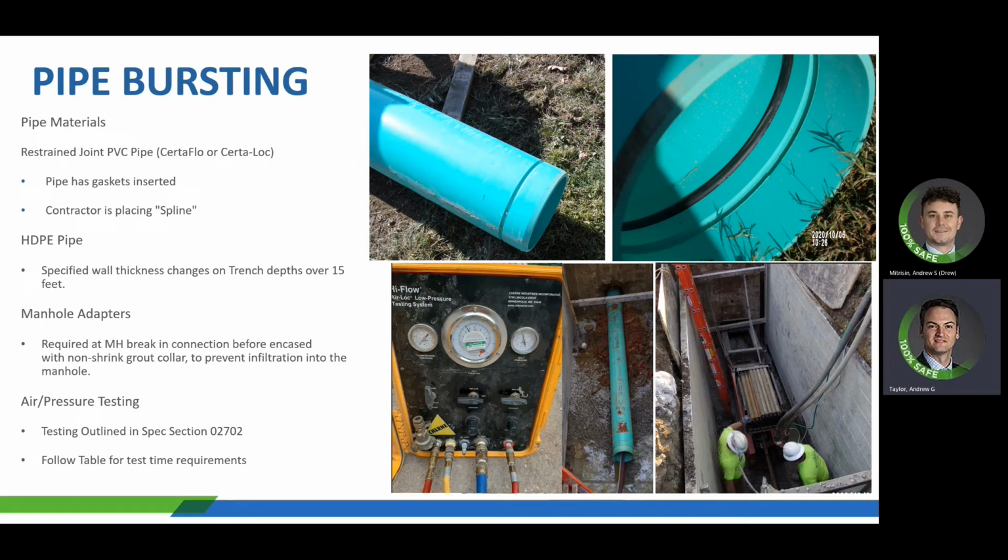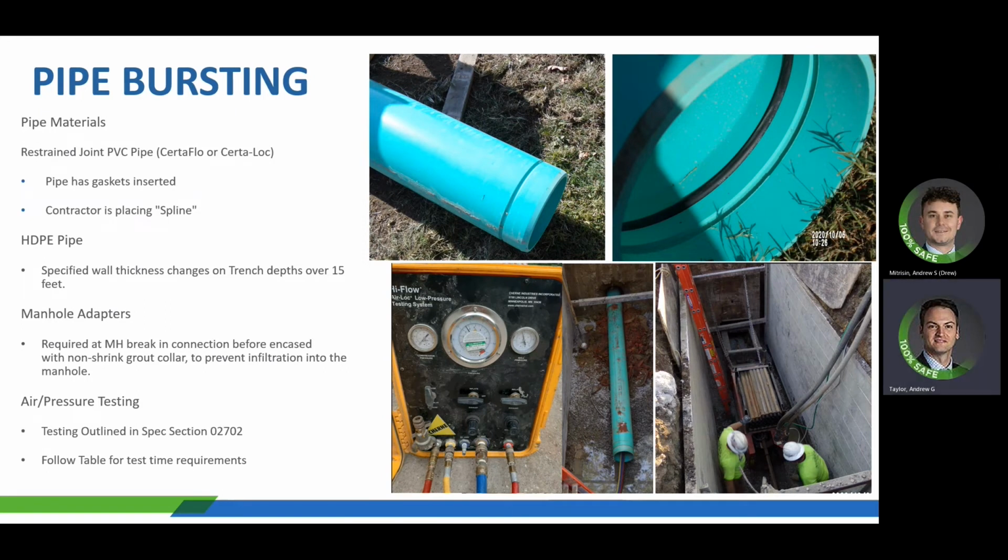Within pipe bursting, it's important to make sure that the contractor is using the approved materials. There are two options. There's strain joint PVC pipe, which is the CertaFlow or CertaLock. The pipe has gaskets, so make sure that the gaskets are inserted correctly, as you can see from the photos on the right. The gasket and also the spline.